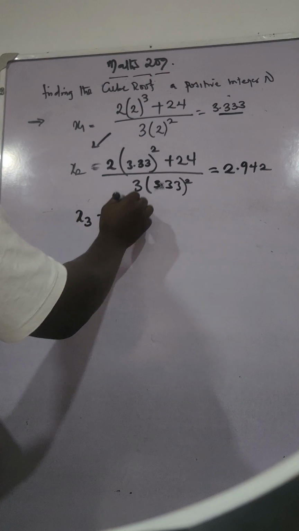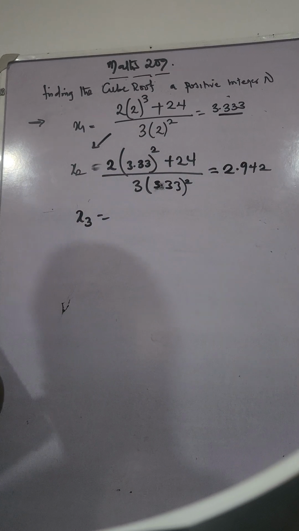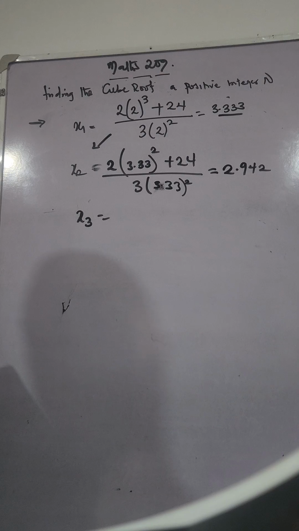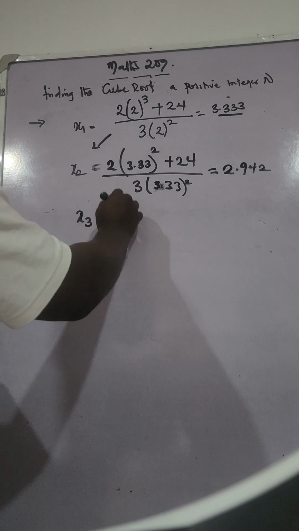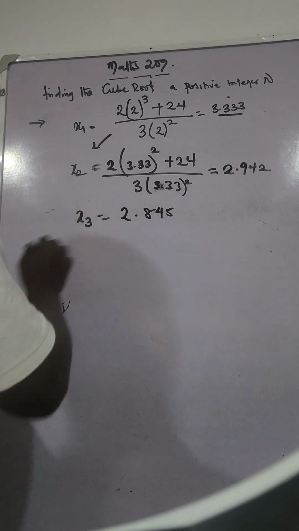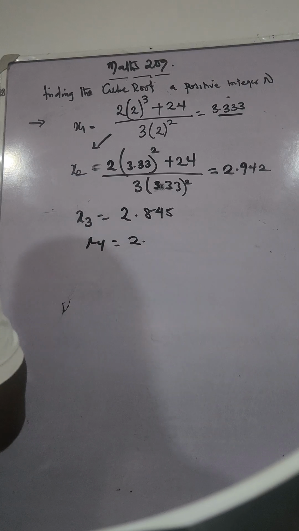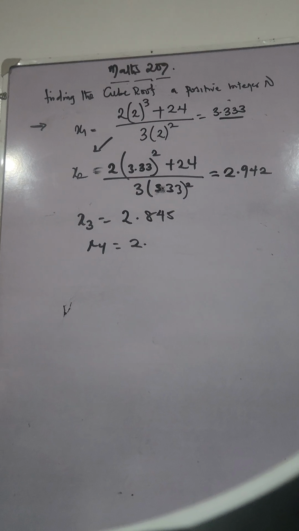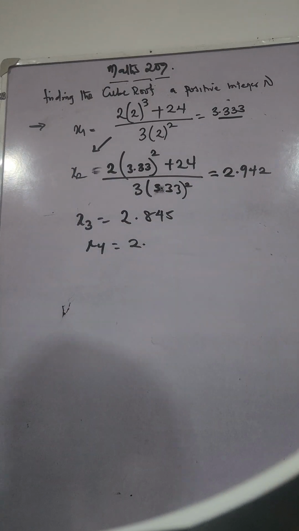If you repeat the same process, if you put that same answer inside this function, you calculate, answer 2.845. x4 will be 2... if you calculate this, you're going to be having 2.885.